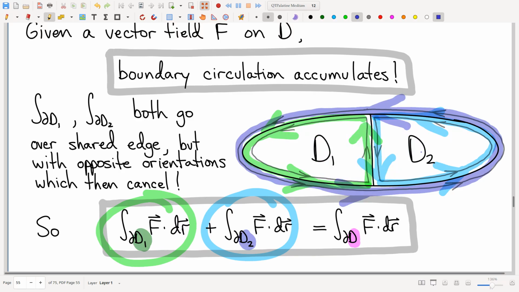And now let's look at these circulations. Is green plus light blue equal to violet, dark blue, whatever? It doesn't look like it. Look at all this stuff in the middle.